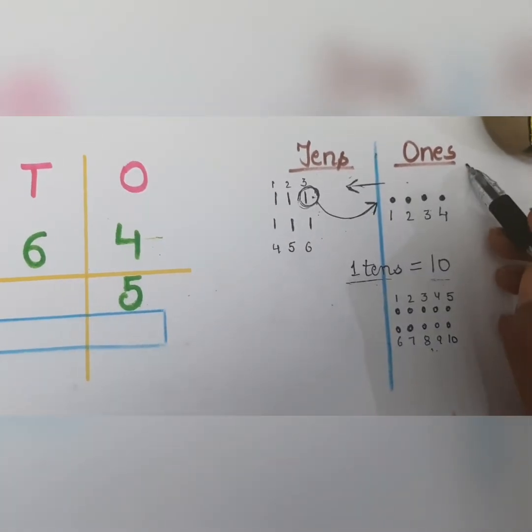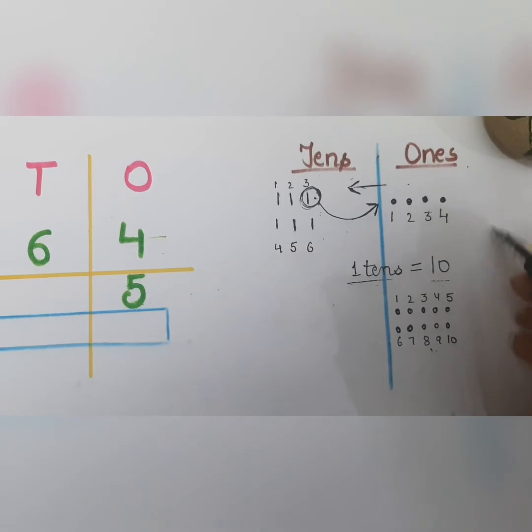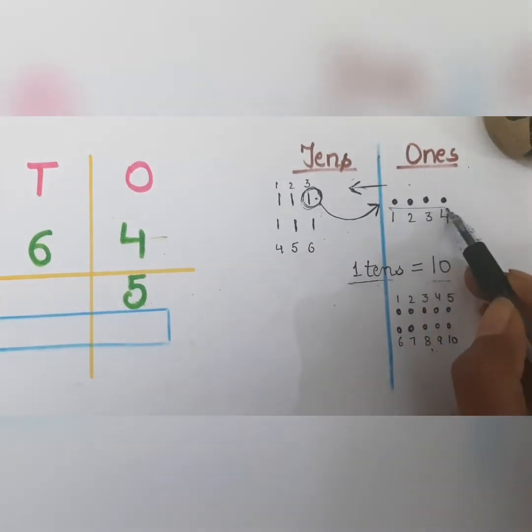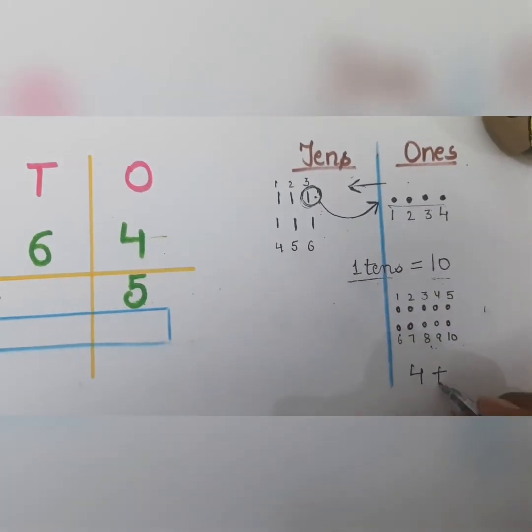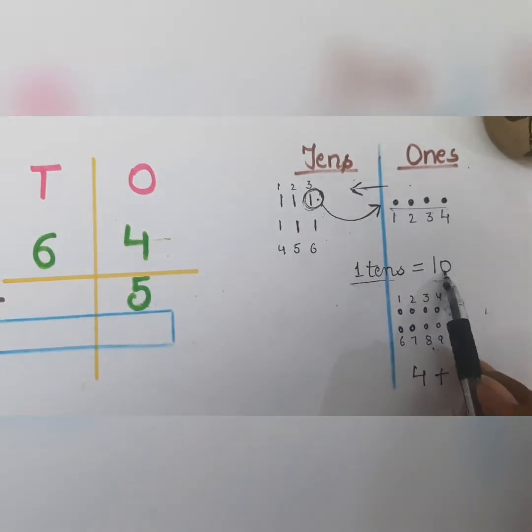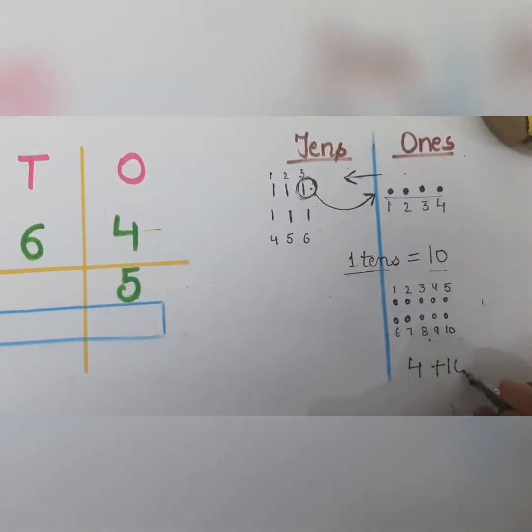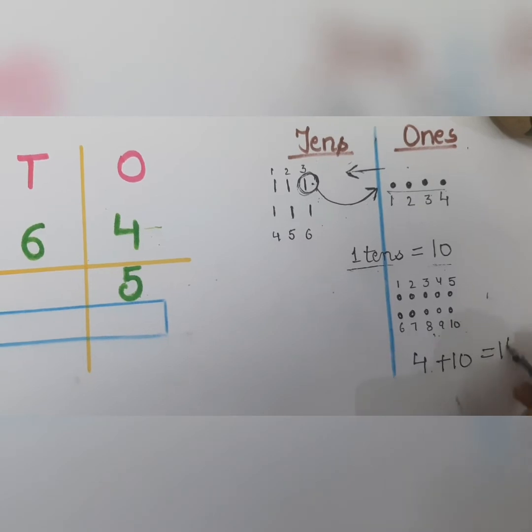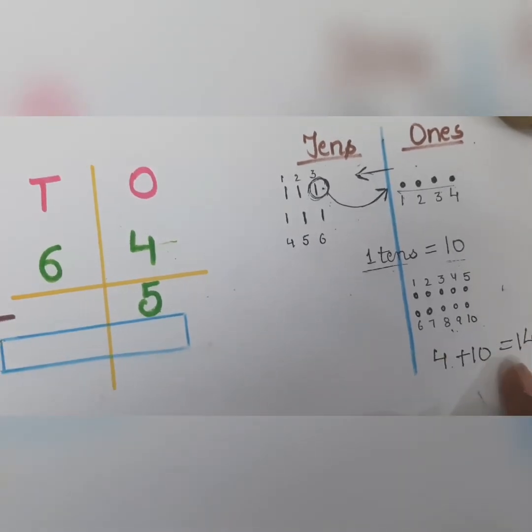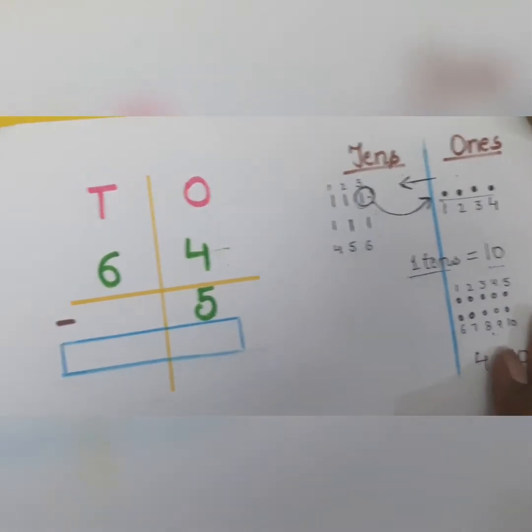Now at ones place, how many total do we have? We already have 4 dots, then 1 ten was given to ones. So 4 plus 10 is equal to 14. Now the ones position has 14.